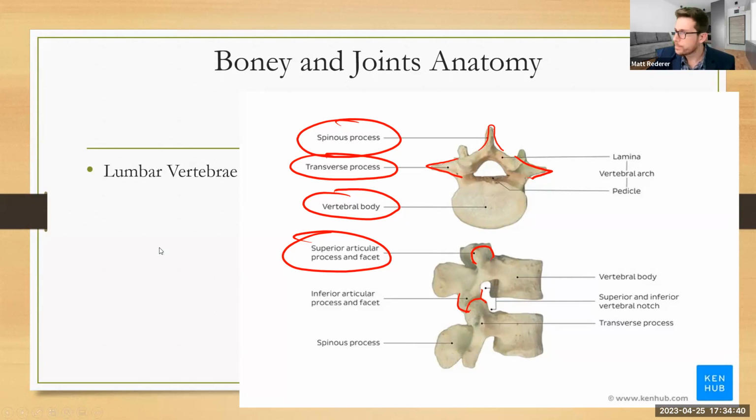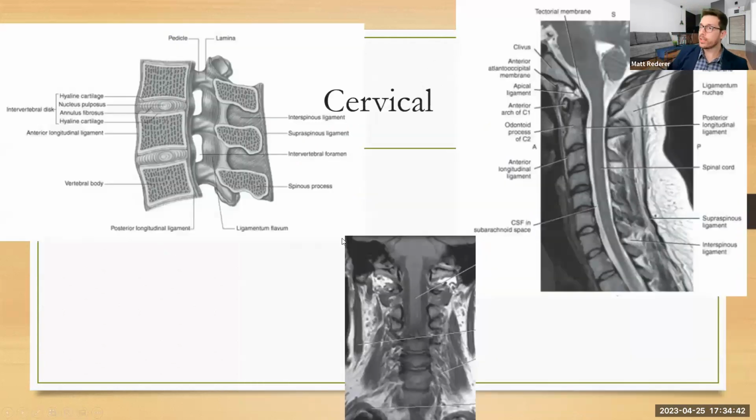All right. So let's go back and look at the cervical spine. We're going to focus on just the cervical and the thoracic today. There are a lot of structures listed on this picture, but I'm going to pull out 3 or 4, maybe 5 of the ones that you definitely need to know moving forward.